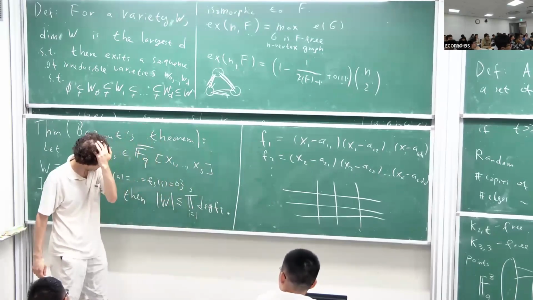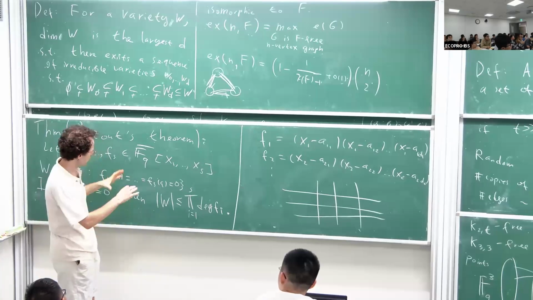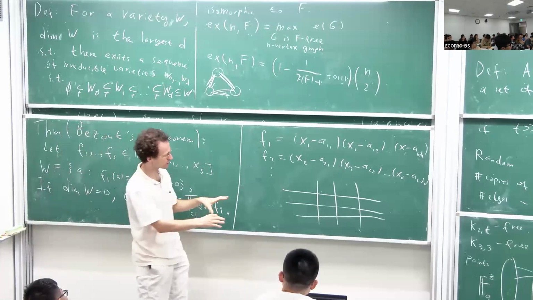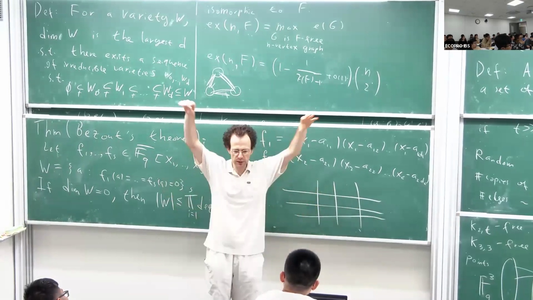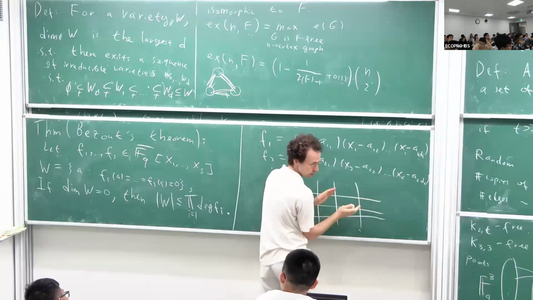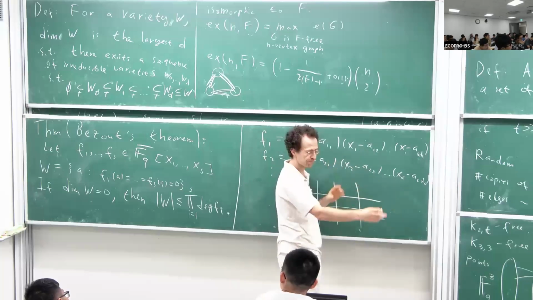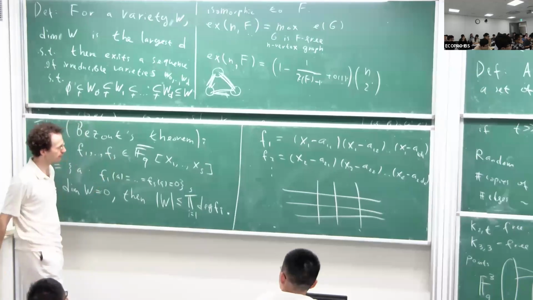And it's also clear that this is going to happen even if you imagine this lives not inside the plane, but inside a projective plane. At the points of infinity, vertical lines don't intersect horizontal lines even at infinity. So this is all good.